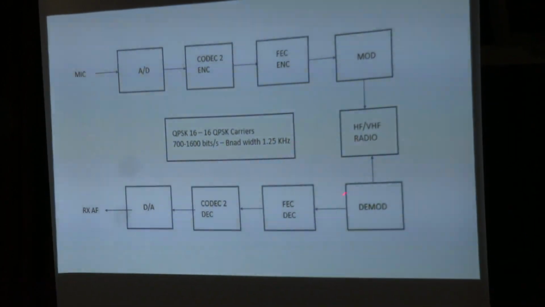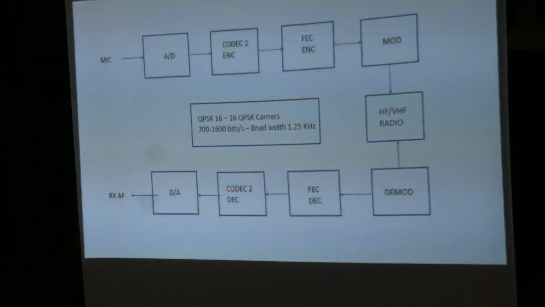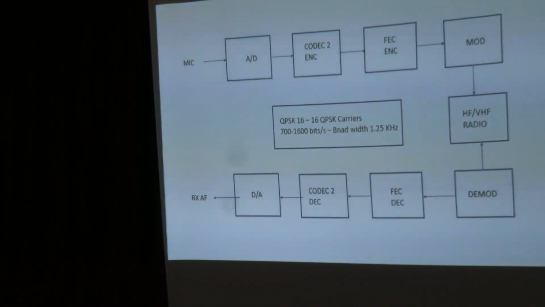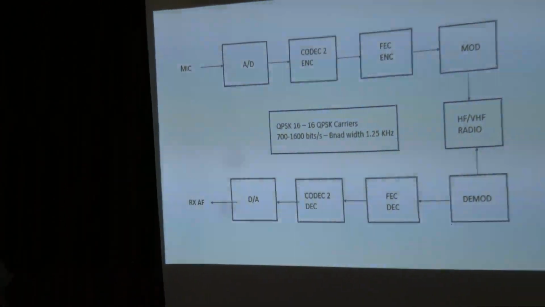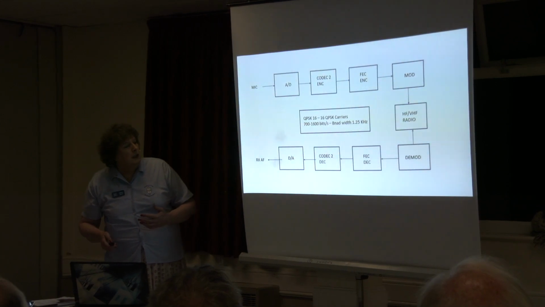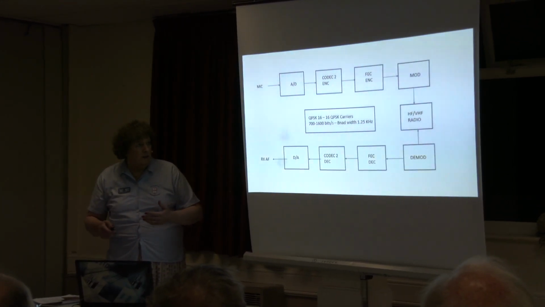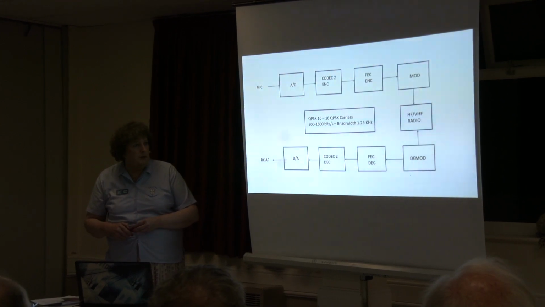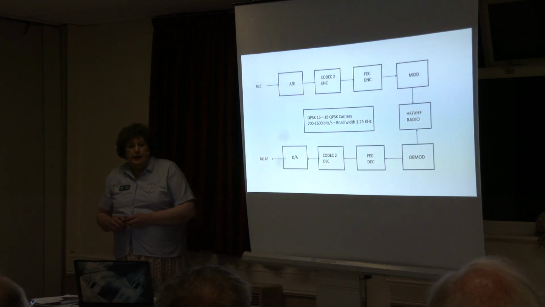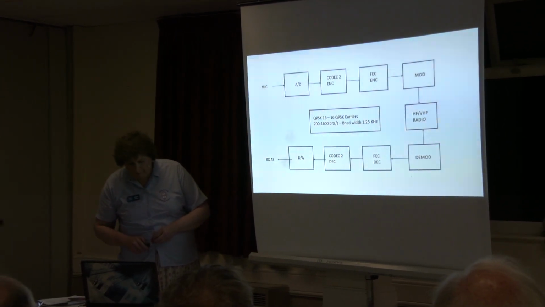On receive, we have demod, we have the error correction, we have the decoder in Codec 2, and then we have the D to A to convert it back to audio, which can be fed into your receiver's filtering system or into some external AF amplifier and speaker. Or if you use desktop software, then that will obviously come out of your sound card accordingly.